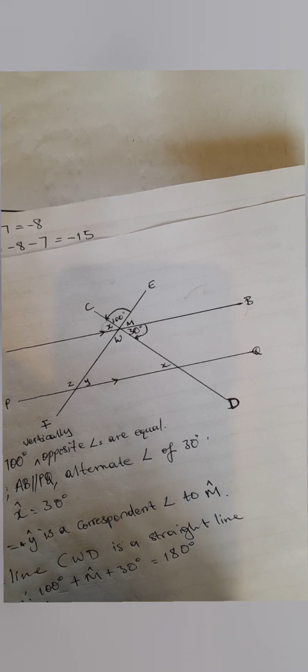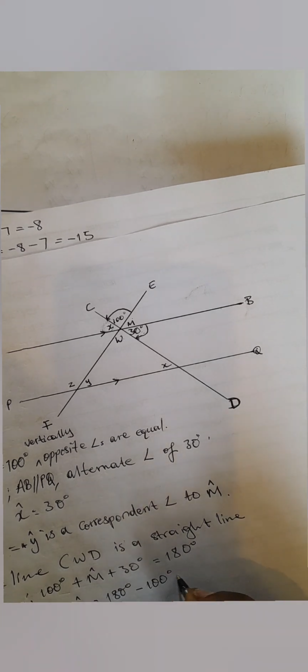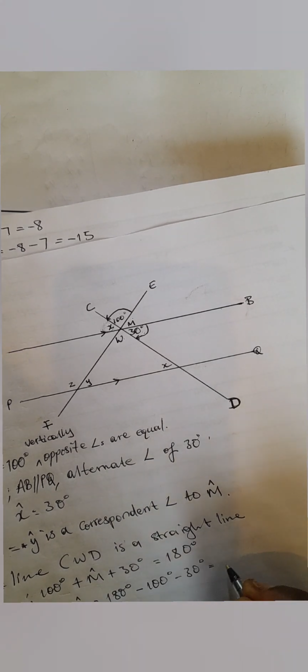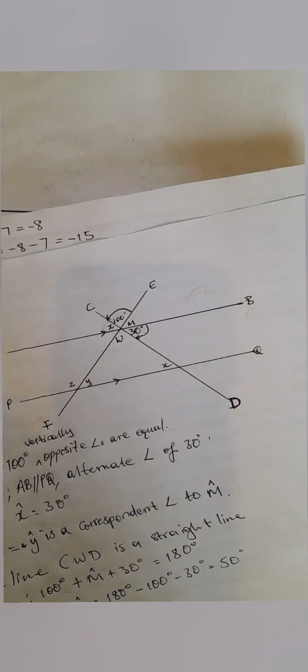Therefore, 100 degrees plus M plus 30 degrees is 180, right? So M, which is equal to Y, is 180 degrees minus 100 degrees minus 30 degrees, which is 50 degrees, for 2 marks.